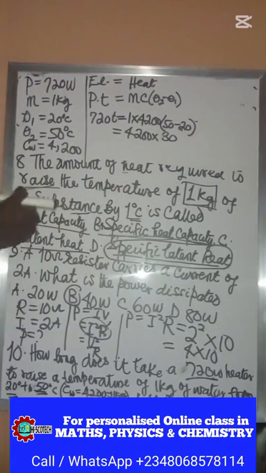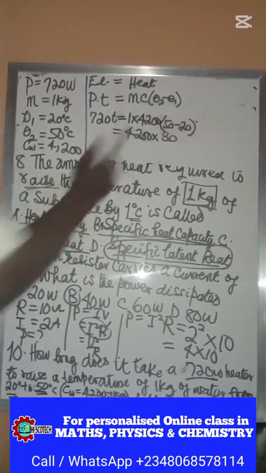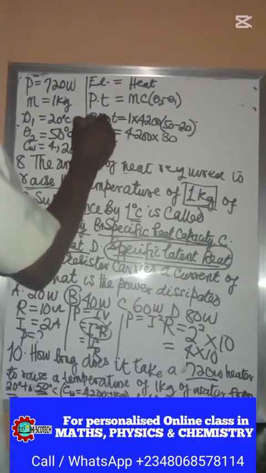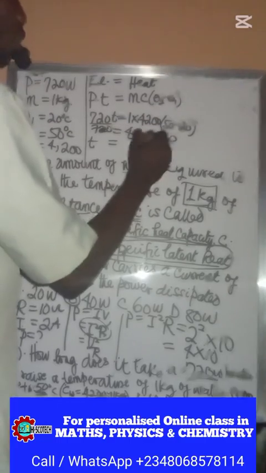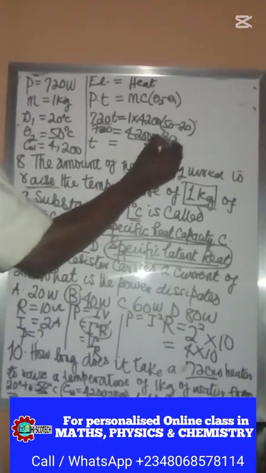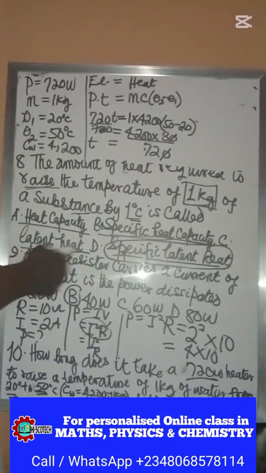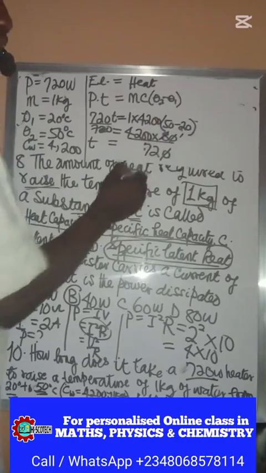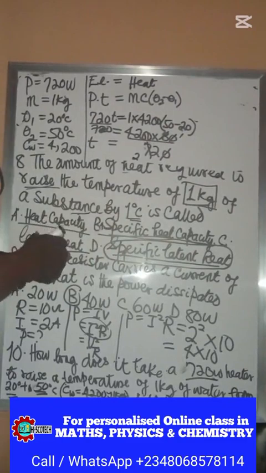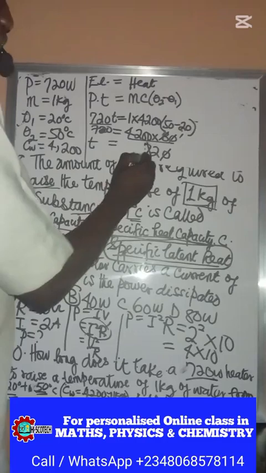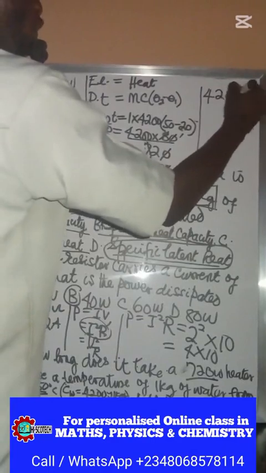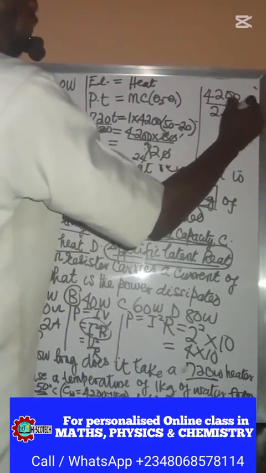That's 30. So don't be in a rush to multiply out. Now our T is 4200 times 30 divided by 720. Zero cancels zero, and 3 in 3 is 1, 3 in 7 is 2, remainder 1, 3 in 12 is 4. So you are left with 4200 divided by 24.